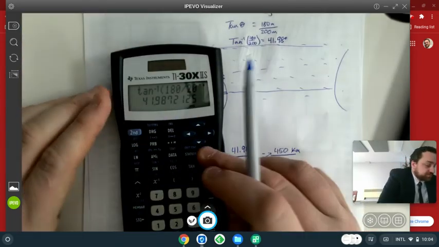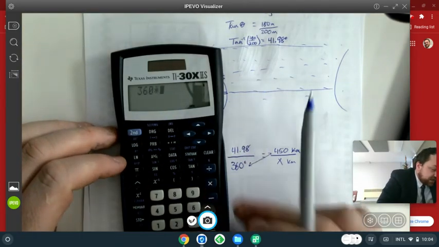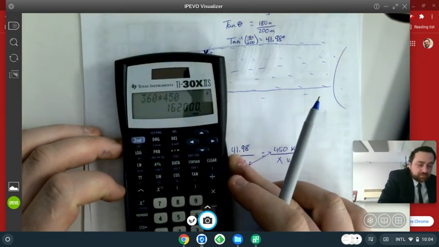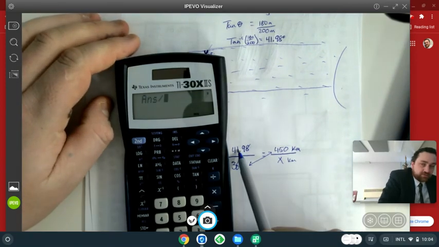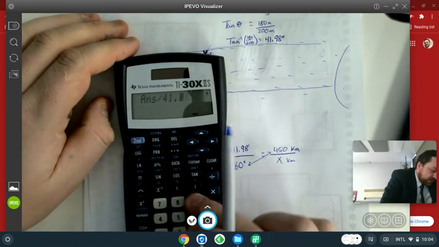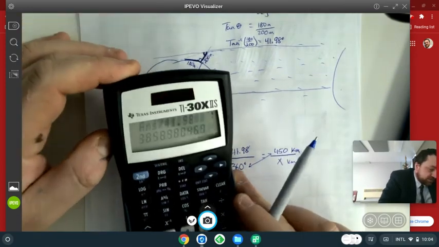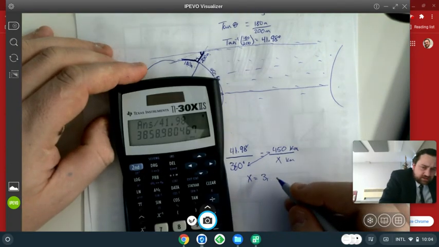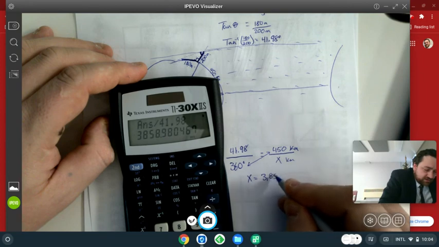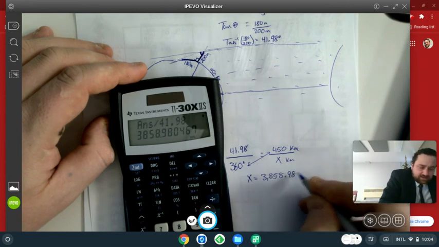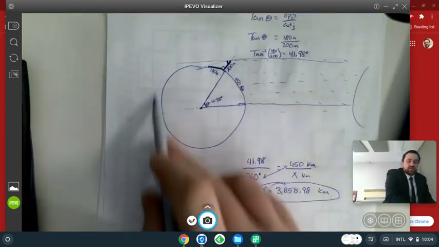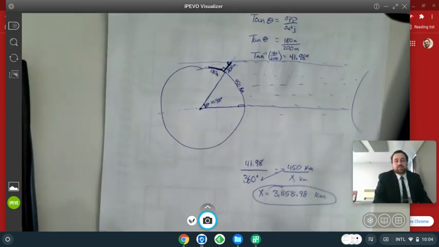So let's do that. 360 times 450 equals a big number, but then I need to divide by 41.98. And so that gives me 3,858.98 kilometers. So that is the whole circumference of the planet.